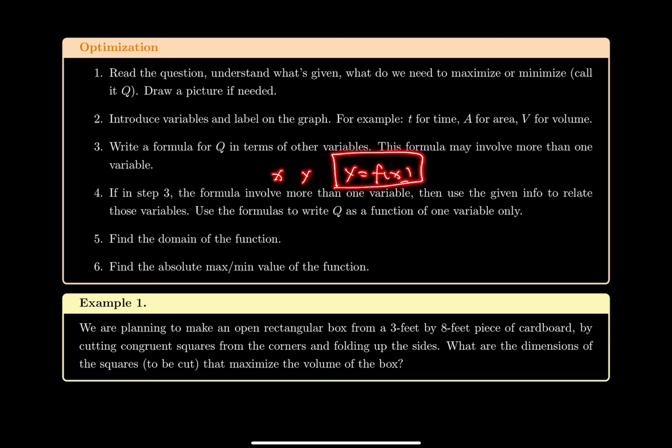Relate them together, and then isolate for one of the variables and plug it back into this equation, so that the formula for Q has only one variable, because in this course you only know how to take the derivative with one variable, right?